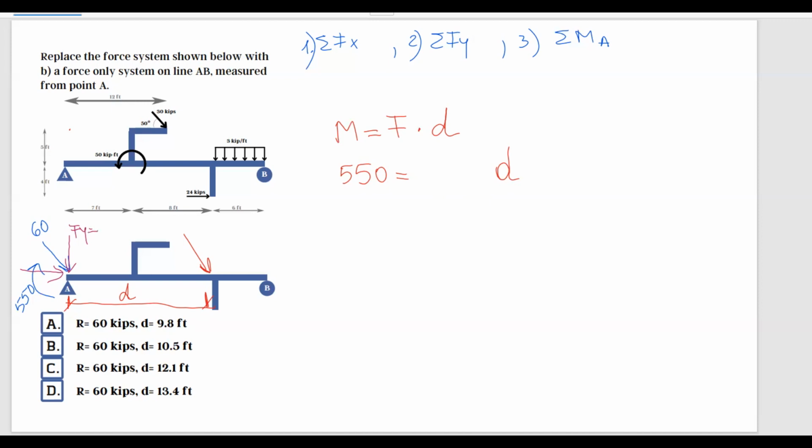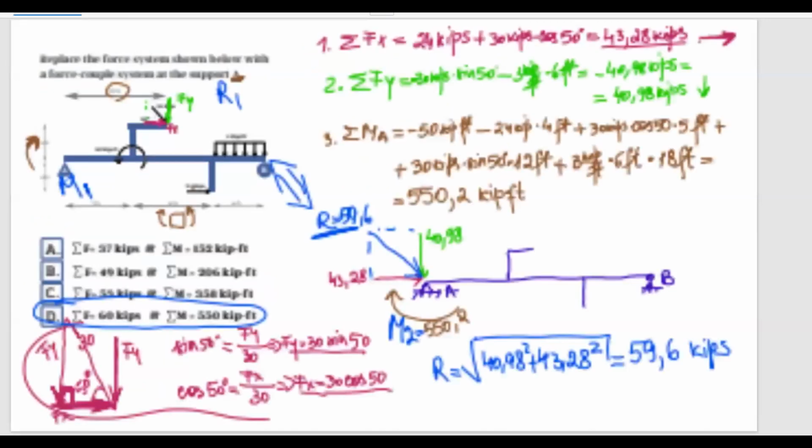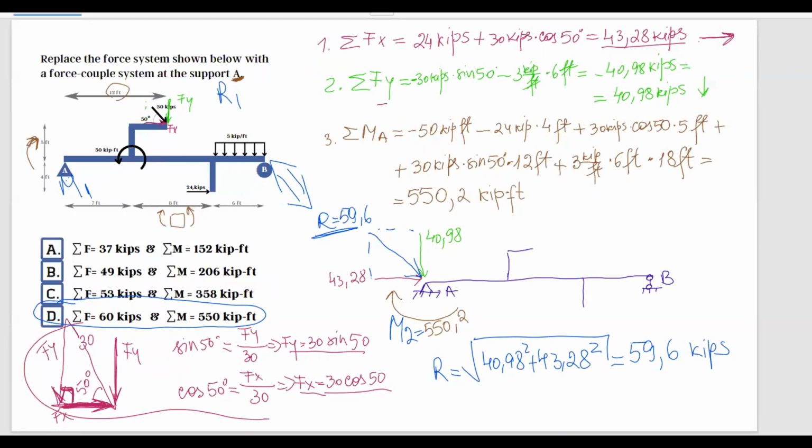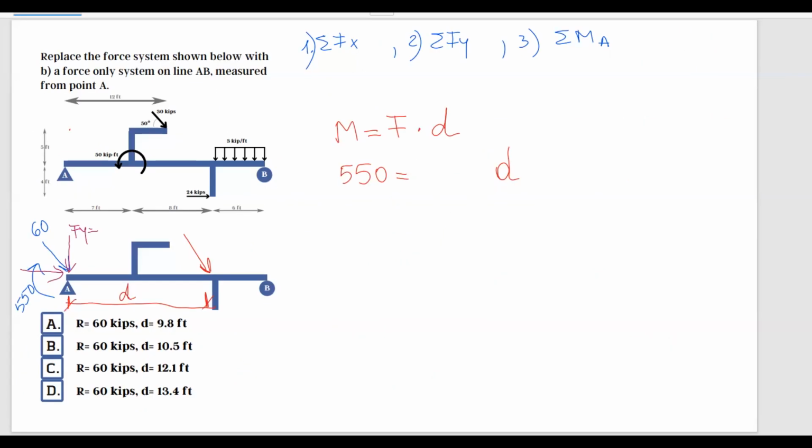And let's see, what is Fy equal to? Fy is equal to 40.98 kips. So over here, I'm going to have 40.98 kips.